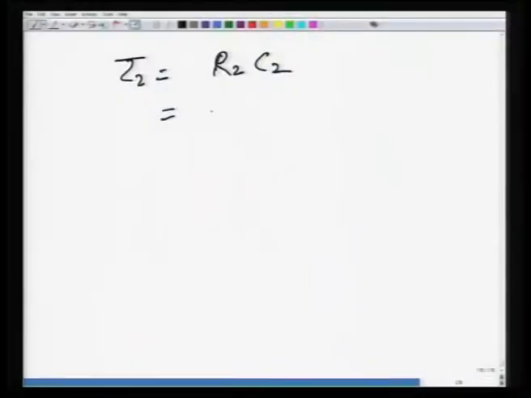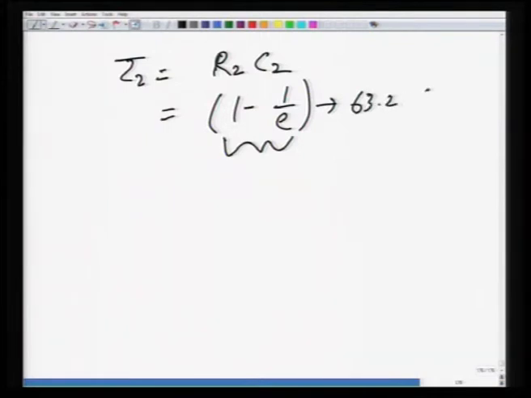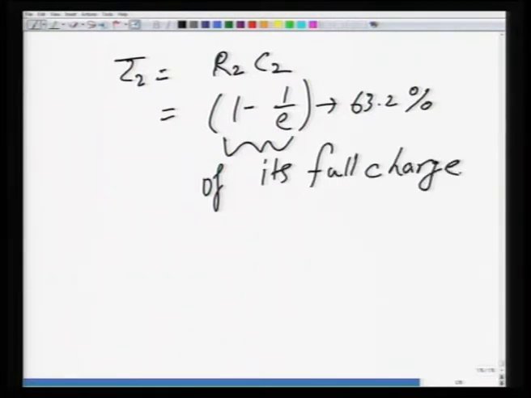The time required to charge the capacitor through the resistor to a value 1 minus 1 by e works out to 63.2% of its full charge. So that is one definition.